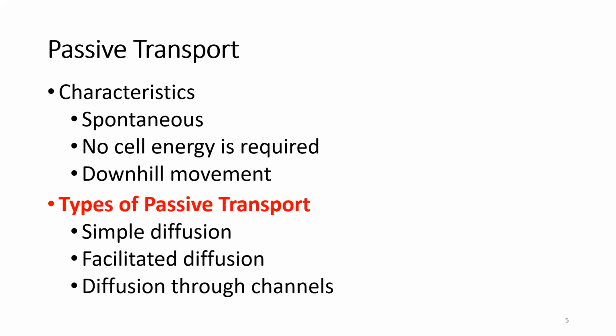They're moving downhill, with the flow. This is spontaneous. It could happen simply, meaning they're just going right through the membrane. It could happen in a facilitated diffusion way, where they're using some type of transporter, but they're still moving according to a gradient. And then we can also have diffusion through channels, again requiring some type of facilitation, but still according to the concentration gradient. In other words, that downhill passive movement.